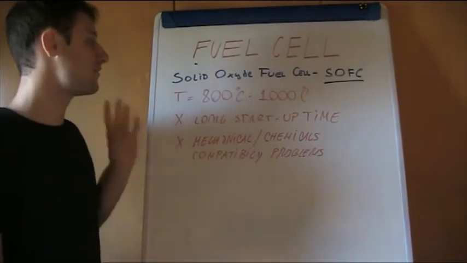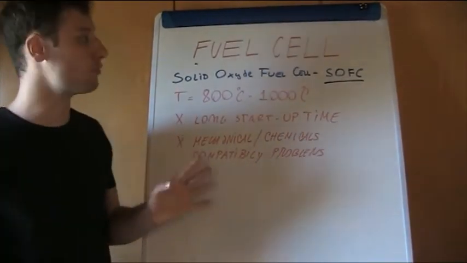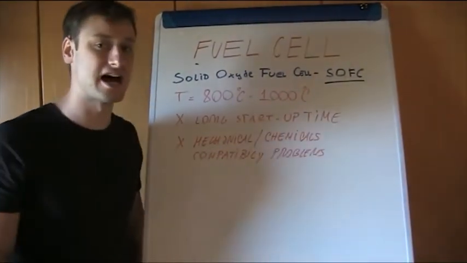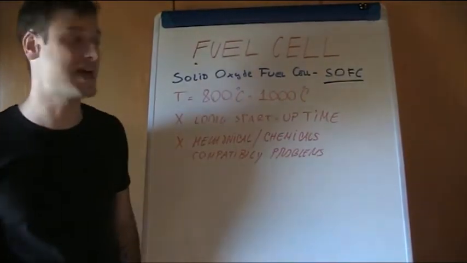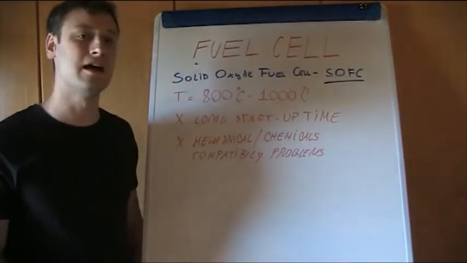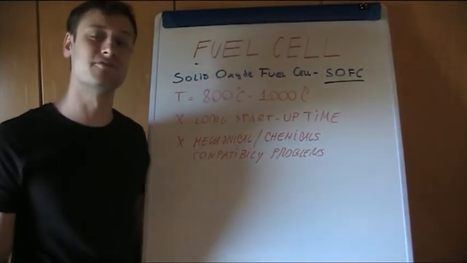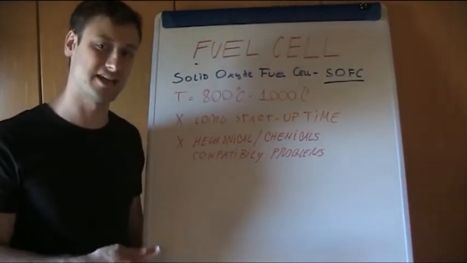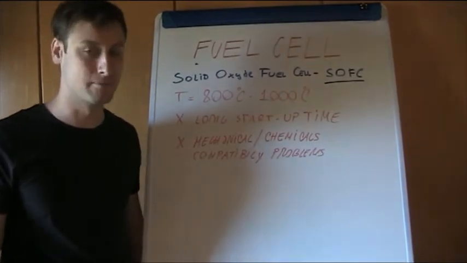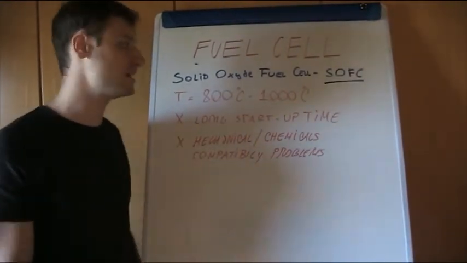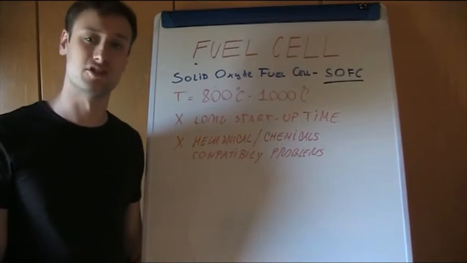And this type of problem is extremely more important, for instance, in another type of high temperature fuel cell, not the solid oxide but the molten carbonate fuel cell, in which the highly corrosive environment is responsible for breaking down the components of the cell. But we will see these concepts speaking about the molten carbonate fuel cell in a moment.